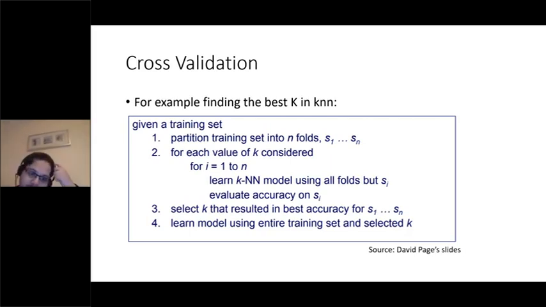But after this, when you use cross-validation, we pick the best values, the best method, and then we train a whole new model on the whole data set. We still need to evaluate it on the testing set, guys. So these are the two most important concepts that we did for now.